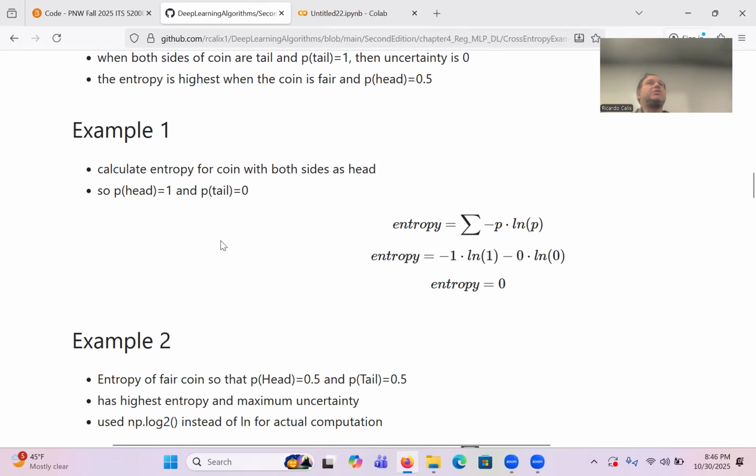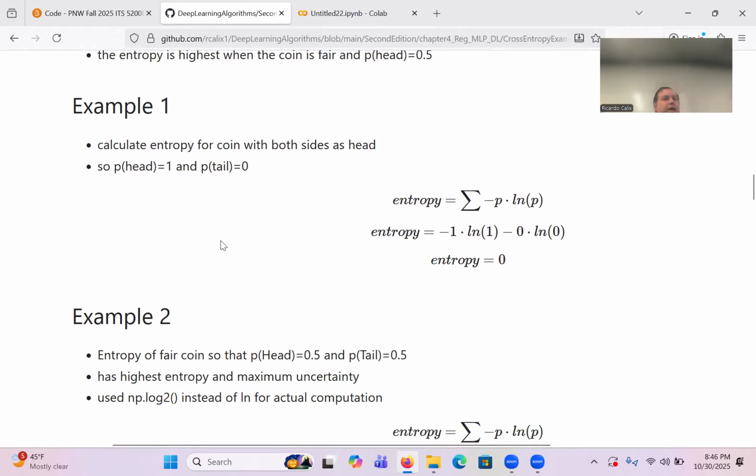All right, so let's look at two examples of this, and we can corroborate one or two. Here we have one example: calculate entropy for a coin with both sides as head. So p head is 1 and p tail is 0.